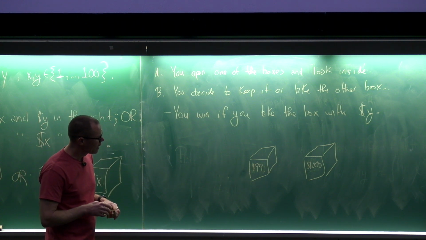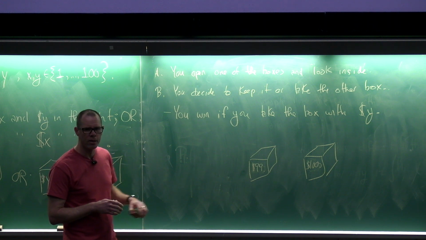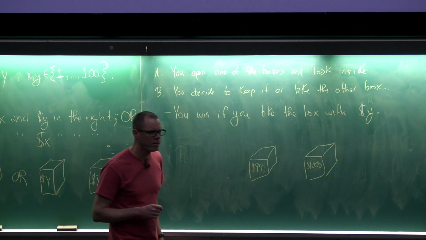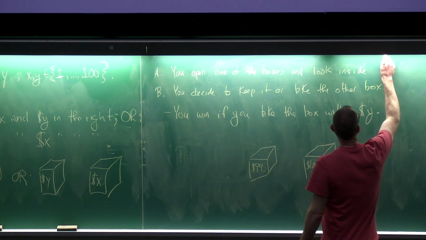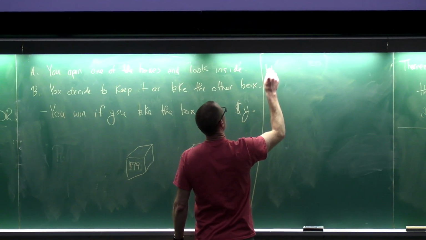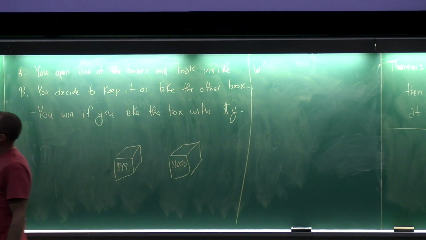So let's see what a strategy looks like that could get you a little bit more than 50% of the time. And let's make things really easy. Maybe you don't know x and you don't know y.